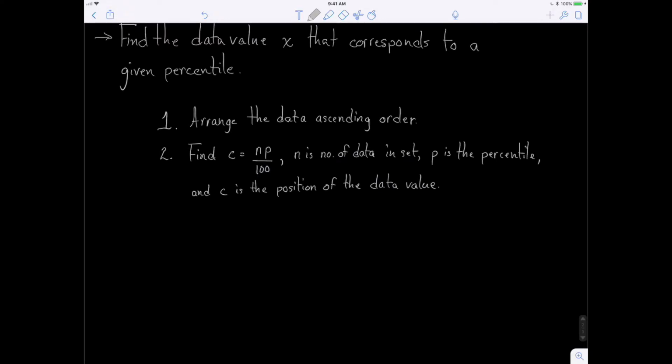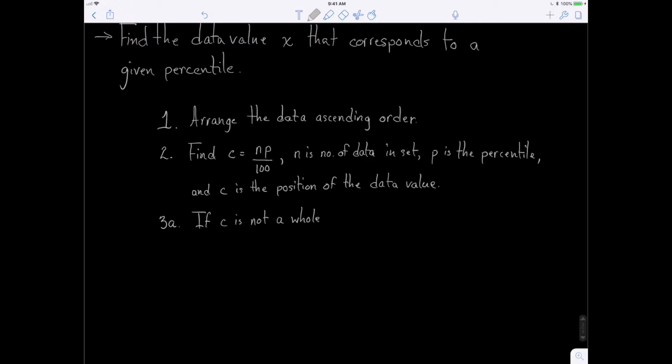Now, here's where we have an option. Step 3, we'll call it 3A. 3A says that if C is not a whole number, round up. Choose the X in the C position.